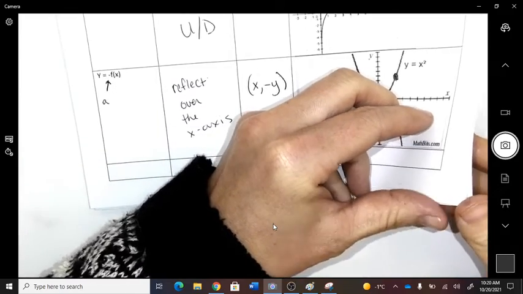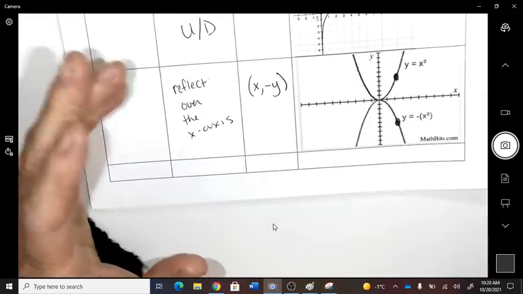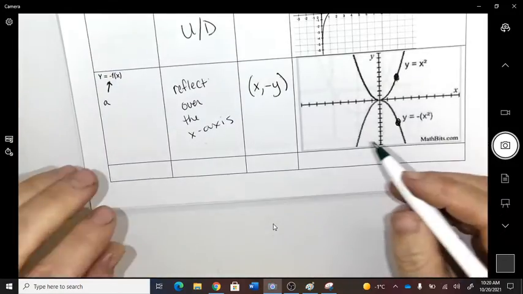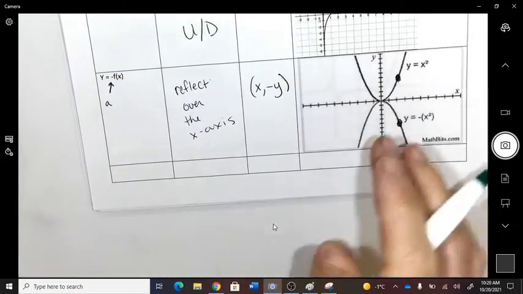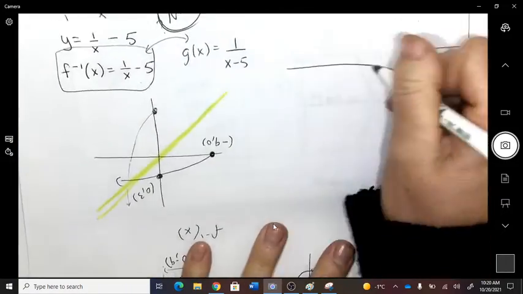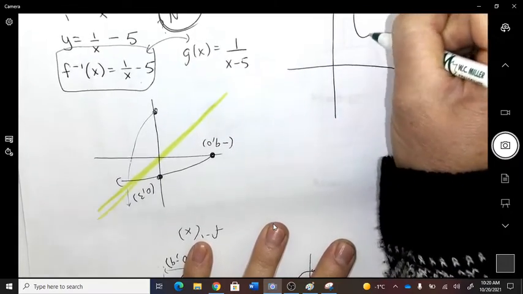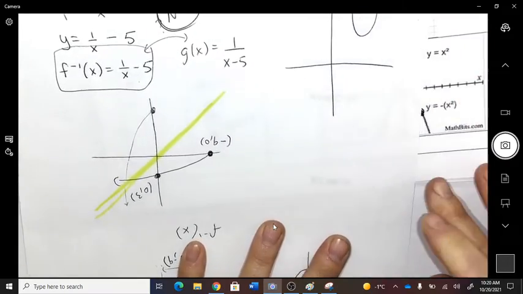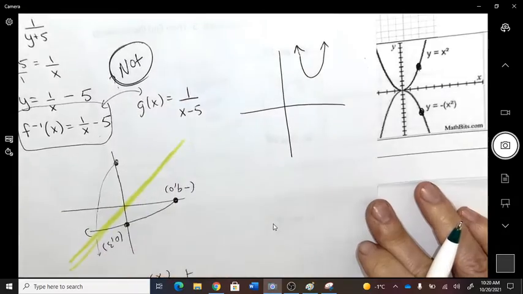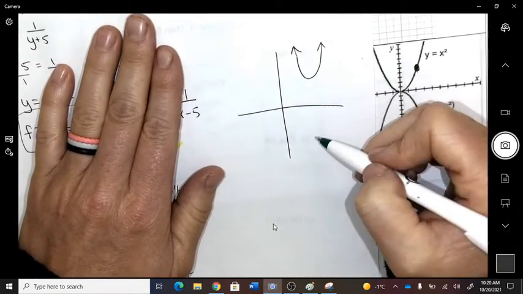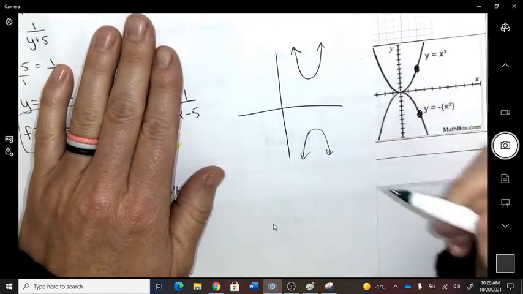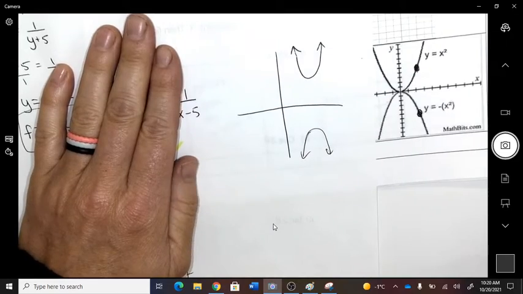Please don't reflect over, like, a shape. This would be a common mistake. So if I ever had a shape like that, it should look like this, right? That's a reflection over the axis.